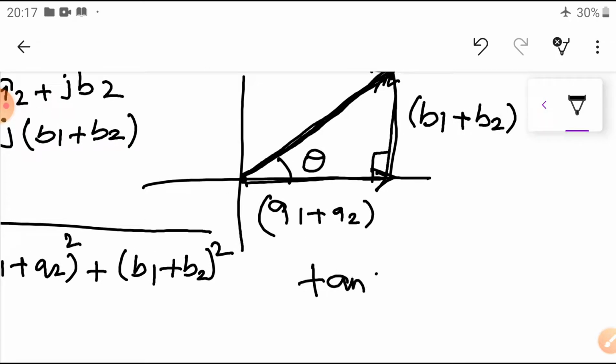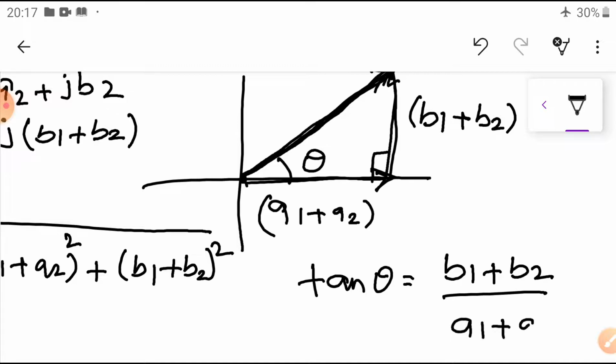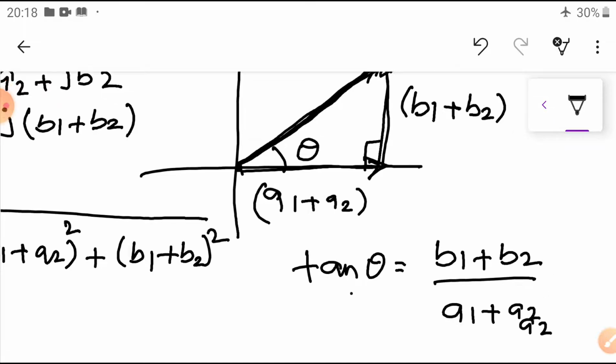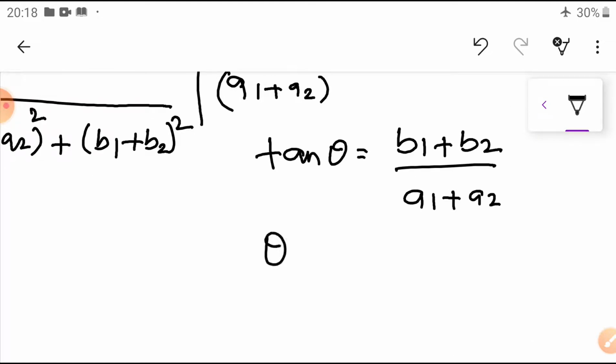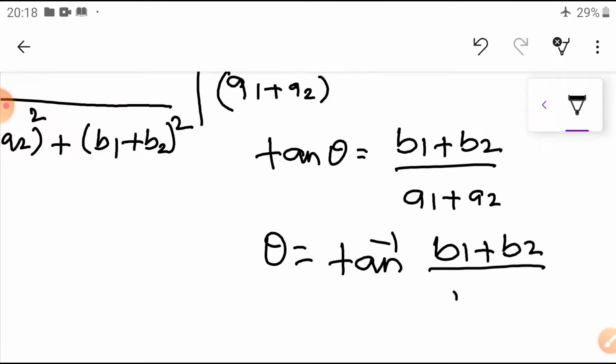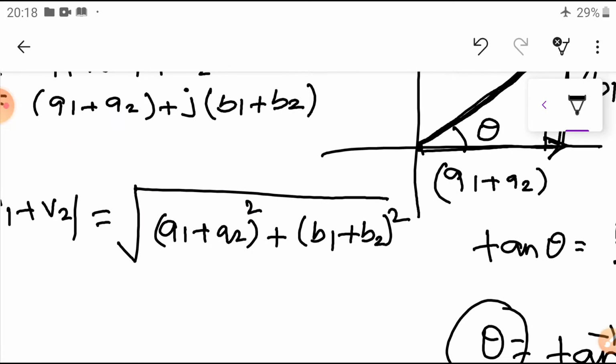Tan theta is equal to opposite, B1 plus B2, the girls' part, divided by the boys' part, A1 plus A2. So, theta is equal to tan inverse of (B1 plus B2) divided by (A1 plus A2). This is the angle. So, I can know the angle and I can know the magnitude.